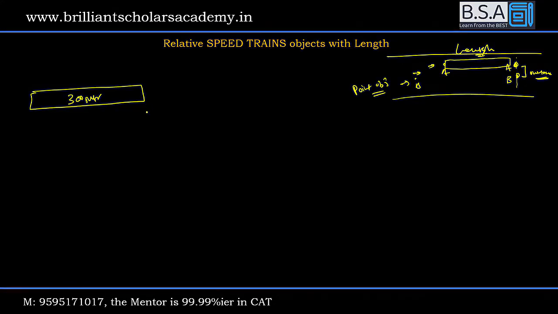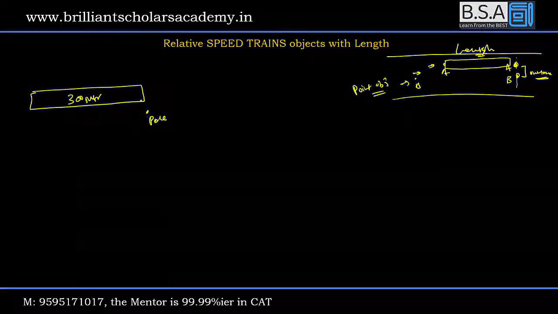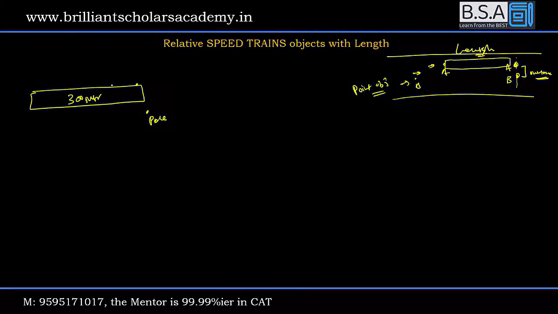There is a pole. A pole is supposed to be stationary. Now, whether you measure here or here or here, because it is a single object, the speed of every point will be the same. Let us say the speed of the train is 5 meters per second. When will the train cross the pole?